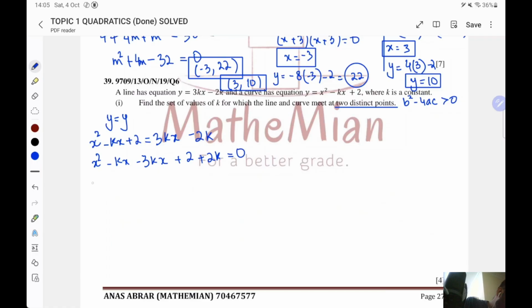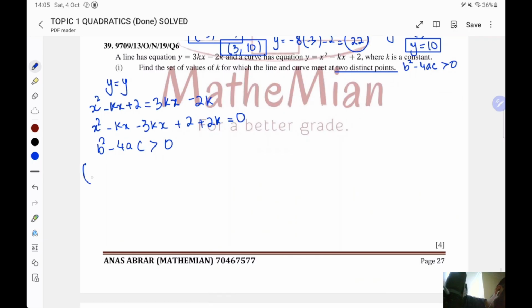Now we know that b square minus 4ac has to be greater than 0 because the line and the curve are intersecting at two distinct points. So it will be (minus k minus 3k) whole square minus 4 times 1 times (2 plus 2k) greater than 0.